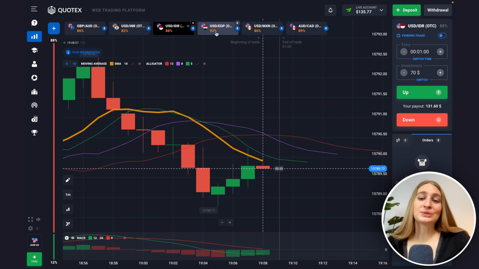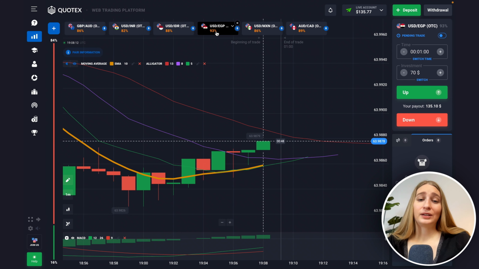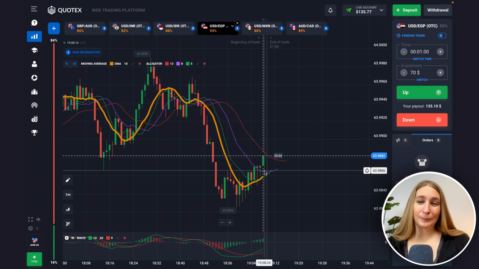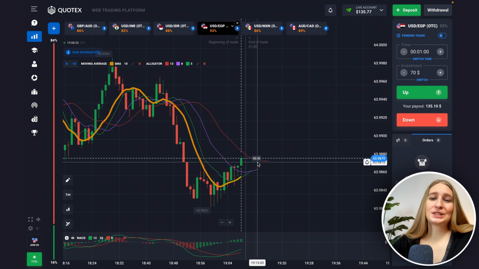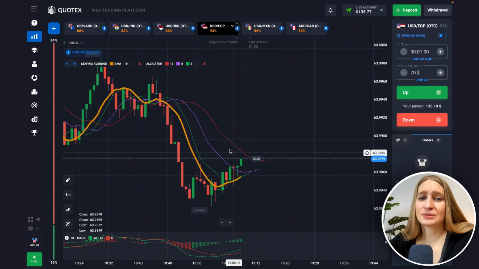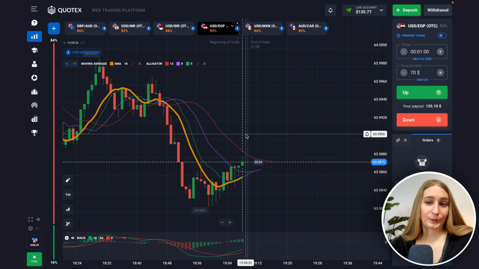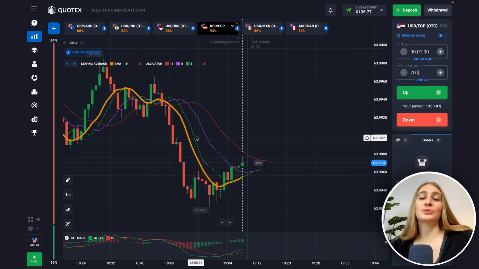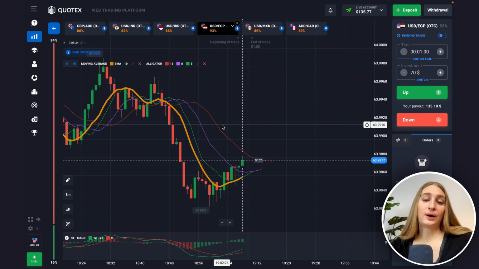Using good pairs, you also need to know what hours of the trading session this currency pair is active. What is the average trading volume? What is the average volatility of the currency pair? The nature of the daily movement. What upcoming important news will influence the movement of this currency pair that you are using right now?